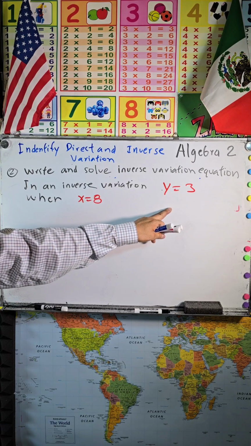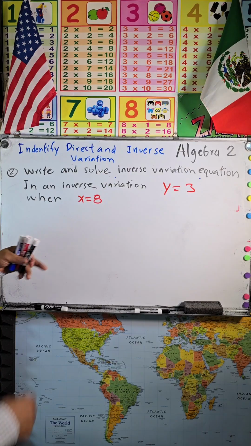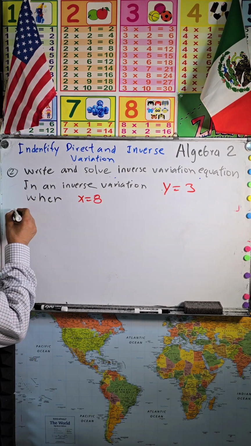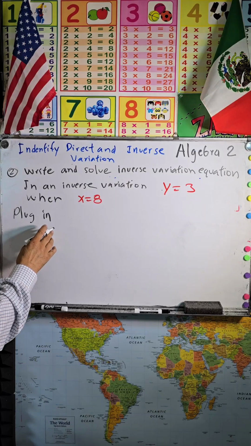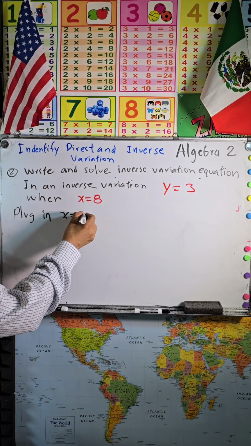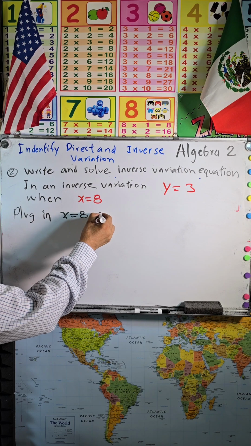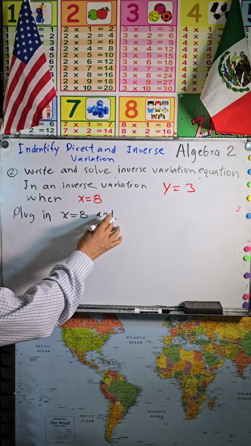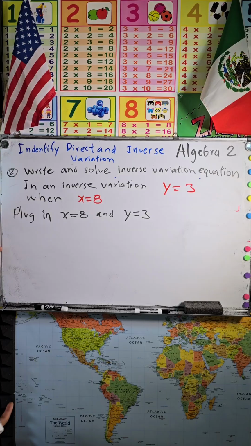Okay. First, we have to find the constant of the variation. So we have to plug in x equals 8, right? And y equals 3. We have the data right there.